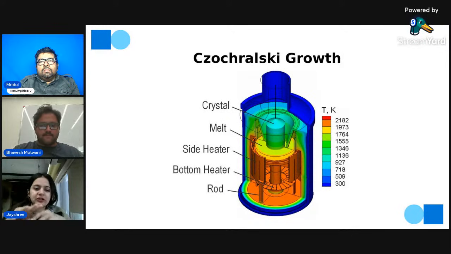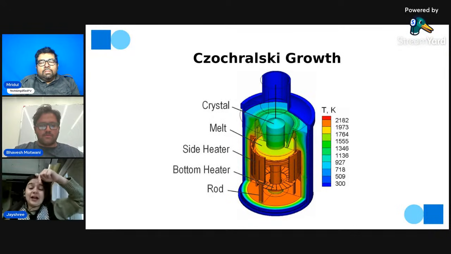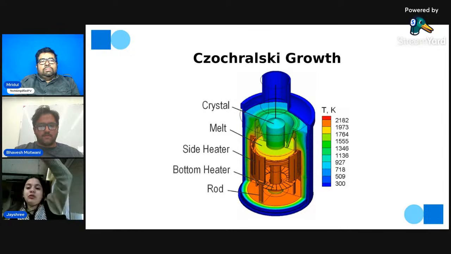So basically, what's the furnace? In this furnace we can see there is a crucible. What's a crucible? That holds the silicon chunks. Then a susceptor, which supports the inside. Then the rotation mechanism.